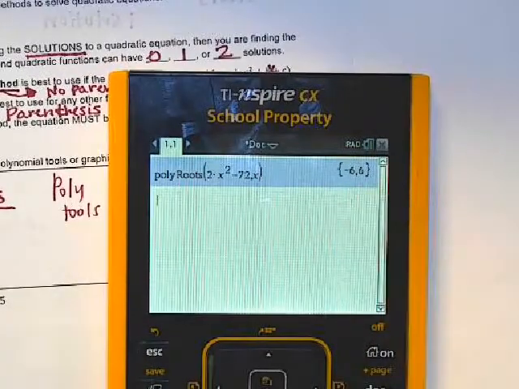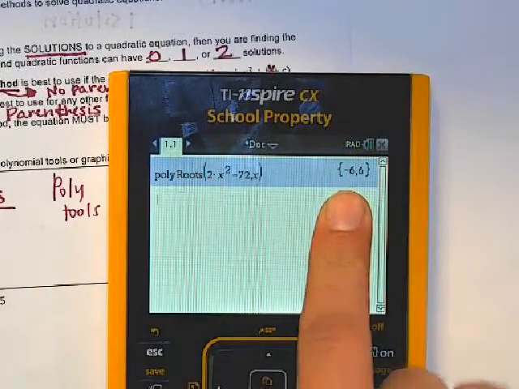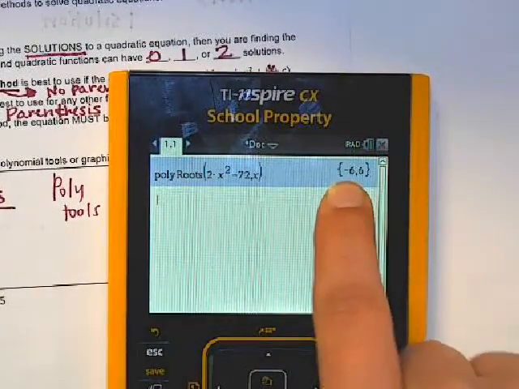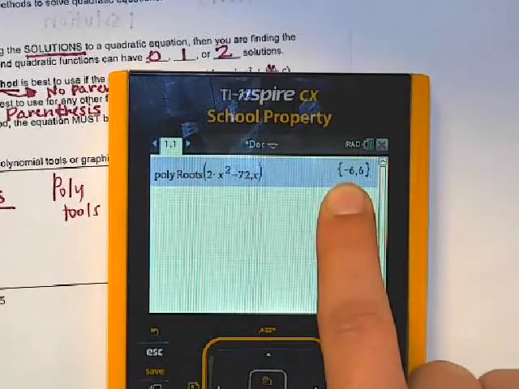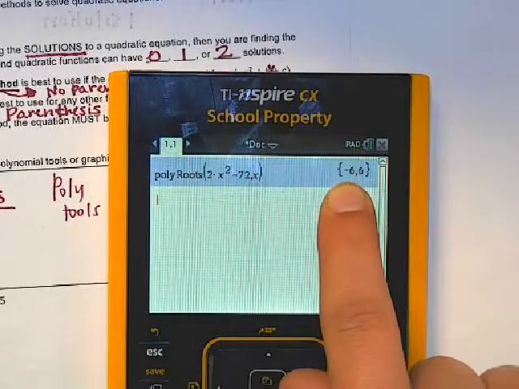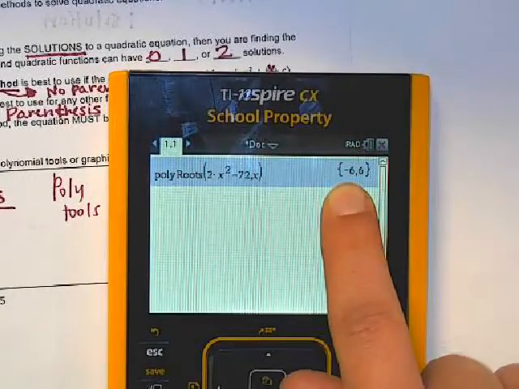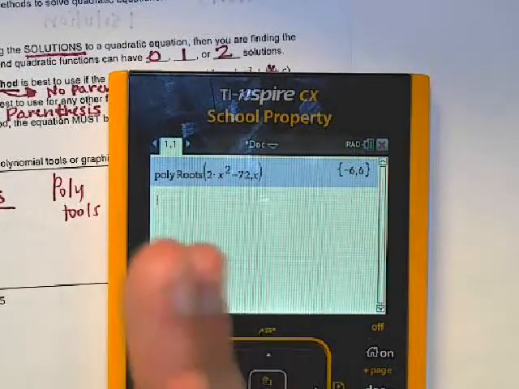So is this an ordered pair? Are these parentheses? No. What are they? Brackets. Okay, in order for it to be an ordered pair, it's got to have parentheses. These are brackets. So negative 6 and positive 6 is a list of numbers.